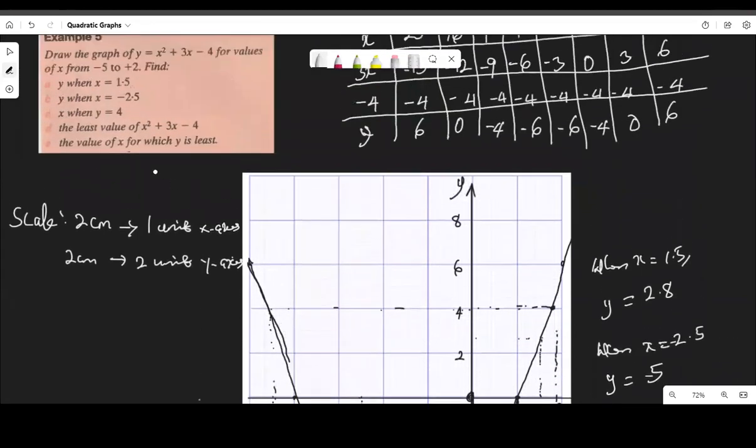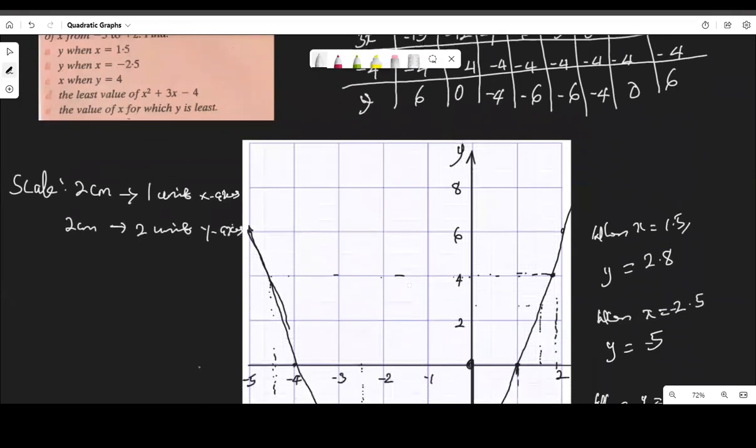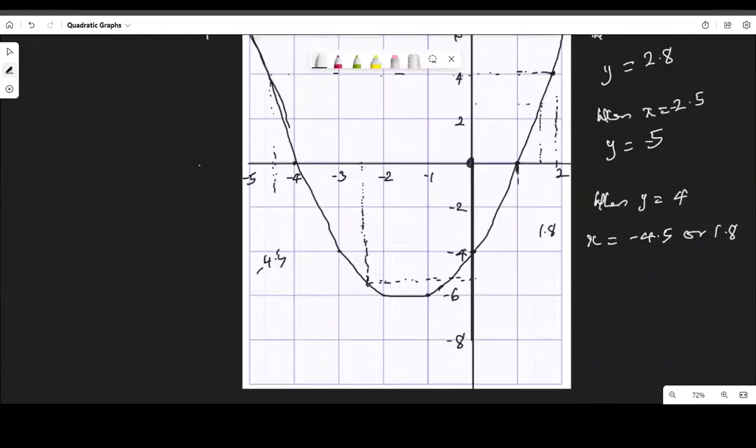And finally, the least value of x squared plus 3x minus 4. The least value is the turning point, and the turning point occurs at this point, which is negative 6.